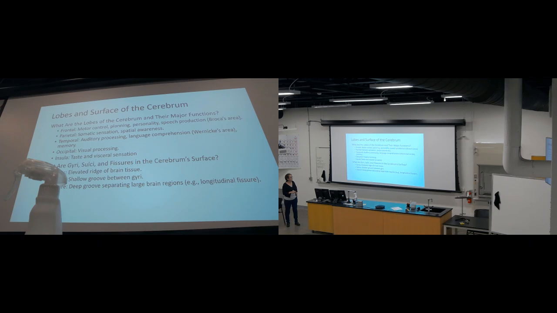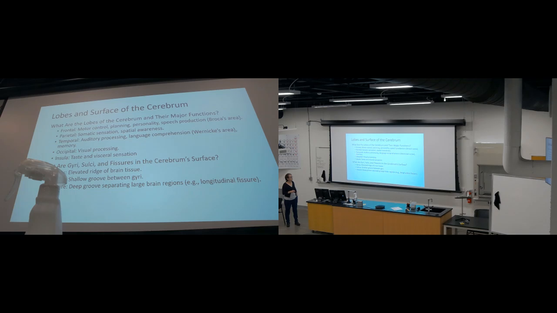For the parietal lobe, we have it posterior to the frontal and on top of the temporal. This one has areas that are in charge of receiving somatic, sensory information from your body. It is also in charge of spatial awareness, so knowing where the parts of our body are.